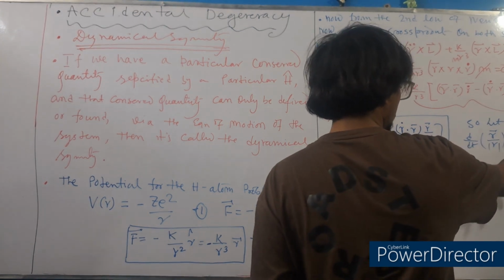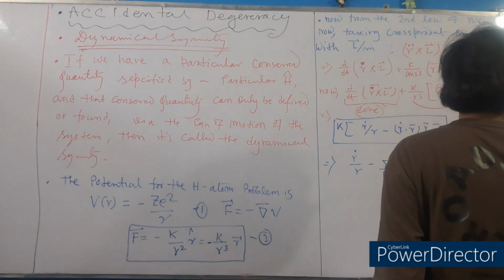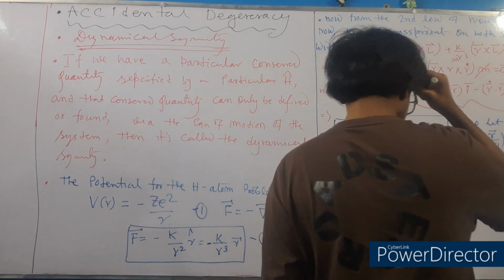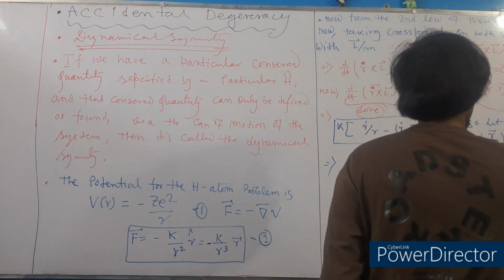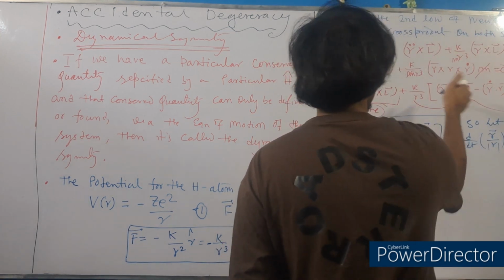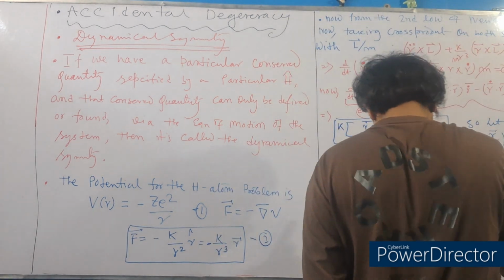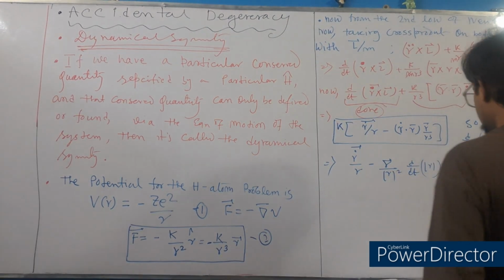This is the r vector, please do remember that. And this r dot also has a vector sign over there. Vector signs are important. Okay, don't miss them.